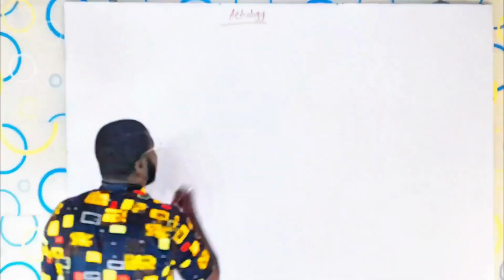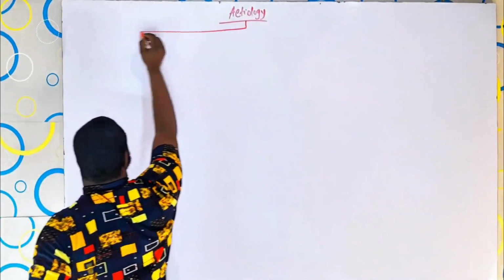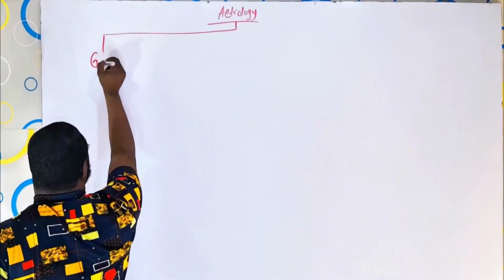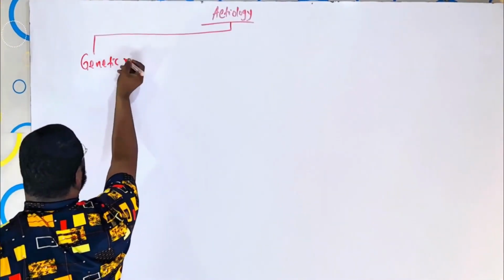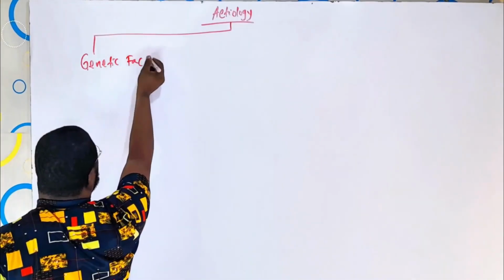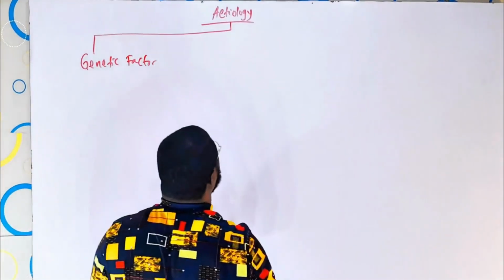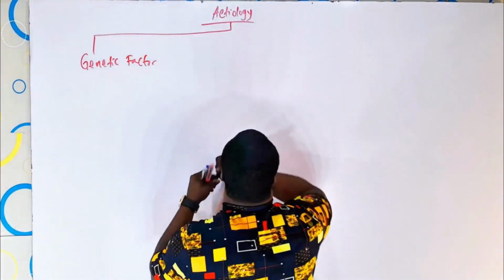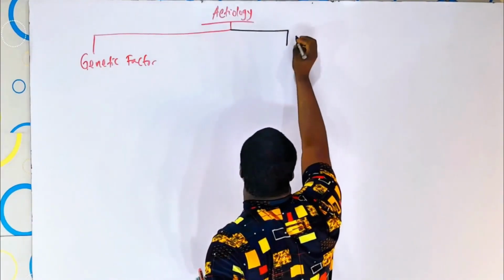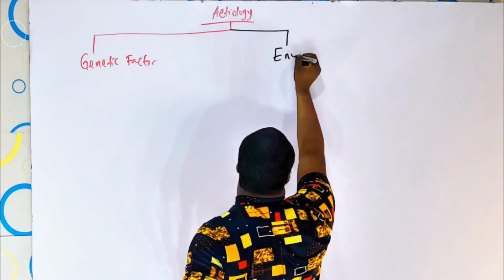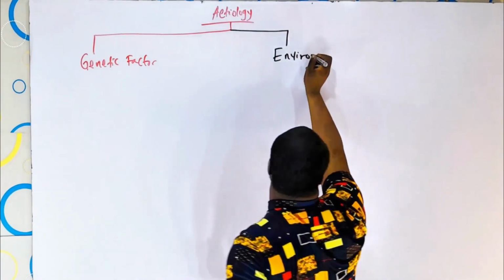Leukemia can be caused by genetic factor. It can also be caused by environmental factor.